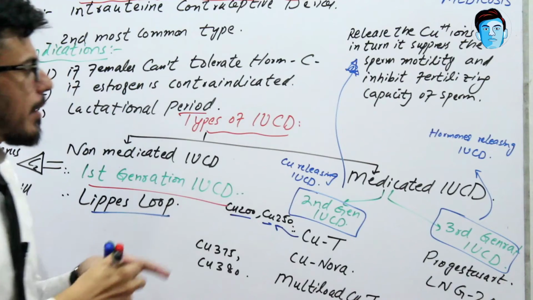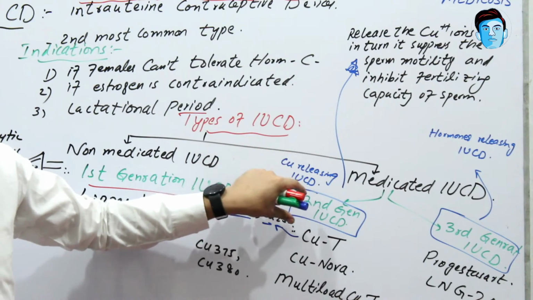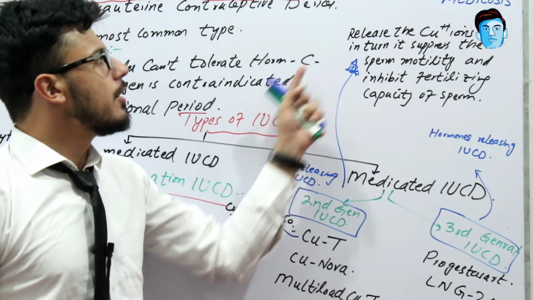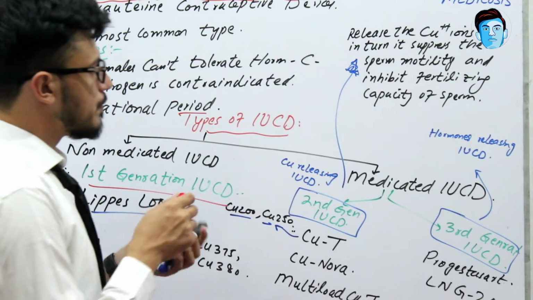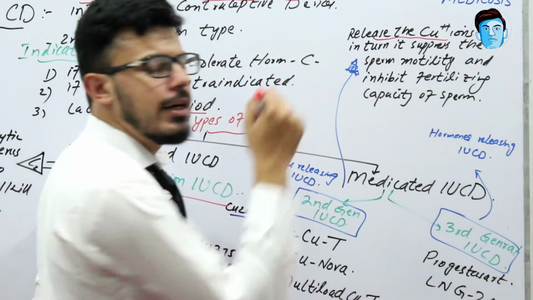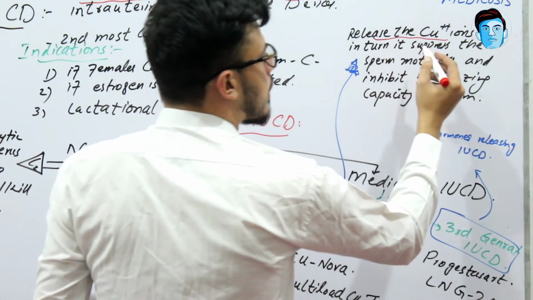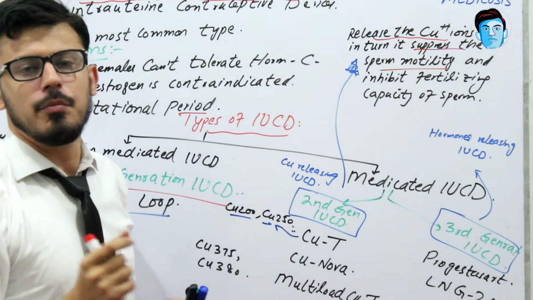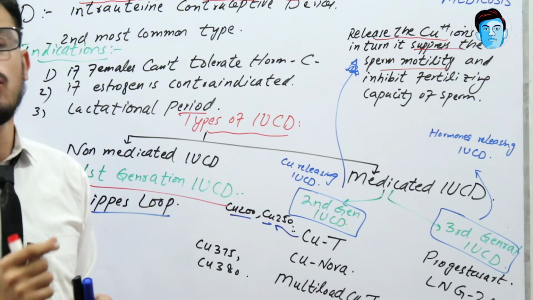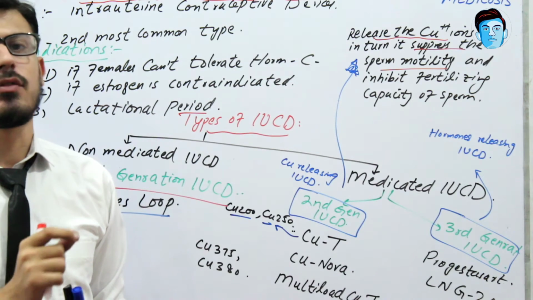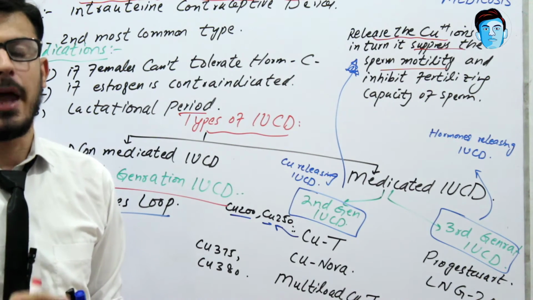So what is the main mechanism of action of second generation IUCD? These devices release copper ions, and when they release the copper ions, they suppress sperm motility. If sperm motility is suppressed, the sperm is unable to move into the fallopian tube, the site of fertilization in the ampulla.